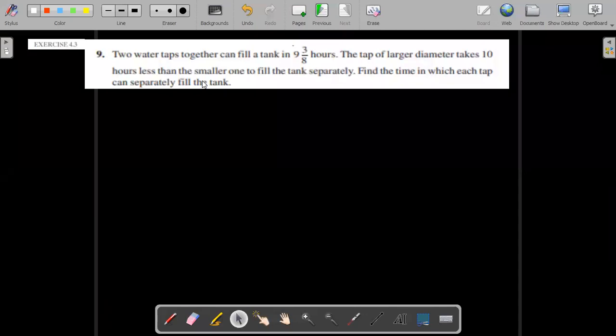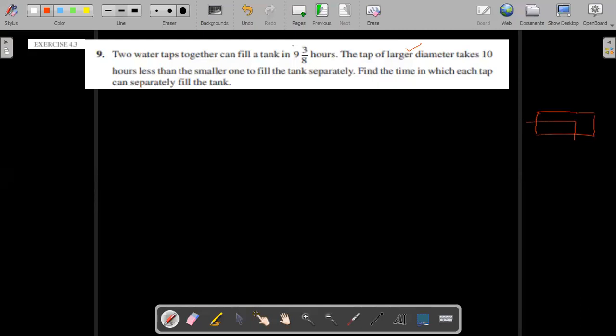Question number 9. Two taps together can fill a tank in 9 whole number 3 by 8 hours. One tap is of larger diameter, takes 10 hours less. Obviously, the tank may be in any shape. This is the tank, suppose, and there are two taps to fill.